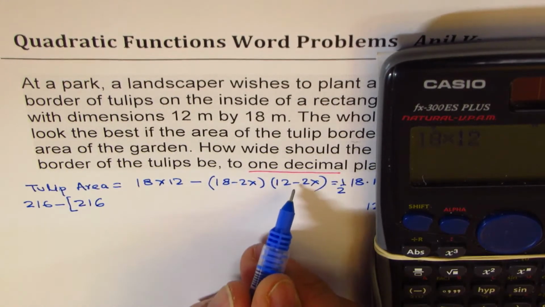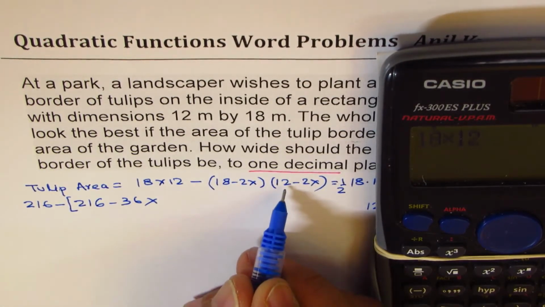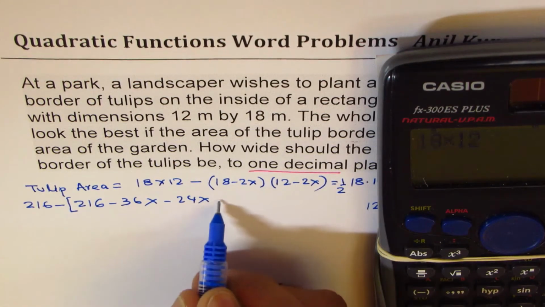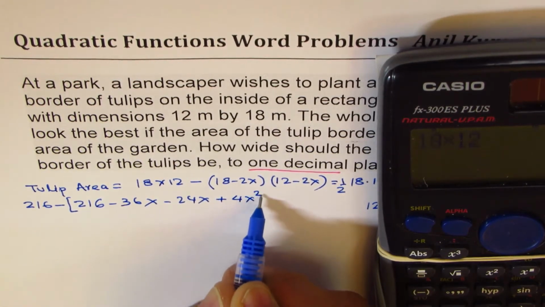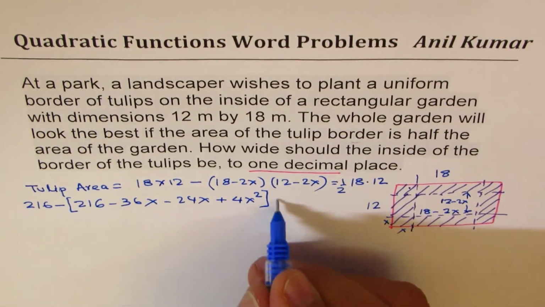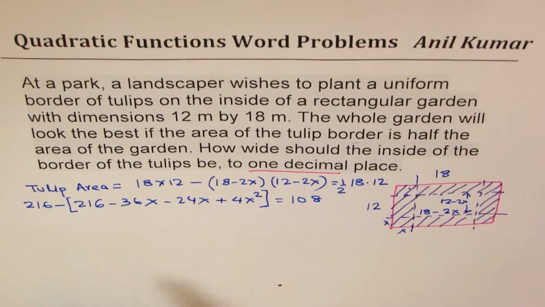Okay, 18 times minus 2x is minus 36x. 2x times 12 minus 24x. Minus 2x means plus 4x square is equal to half of this. 9 times 12, 108. Correct?